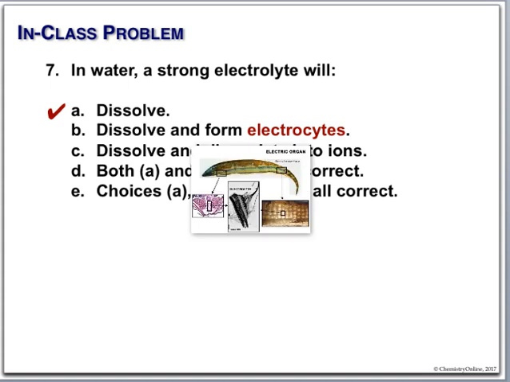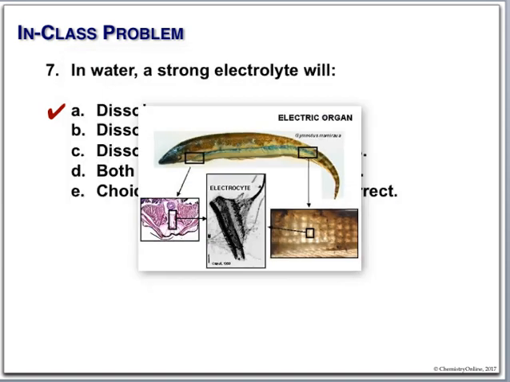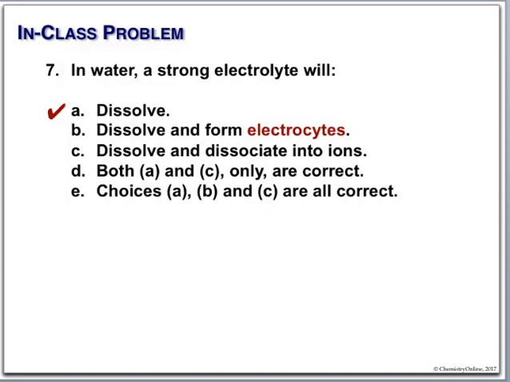An electrocyte is actually the cell that generates the electric current in an electric eel. So this is the electrocyte right here. You can see the array of them in the tail section. And this is what generates the great potential that the eel can shock you with. Now that's very interesting, but no, we didn't do electrocytes.